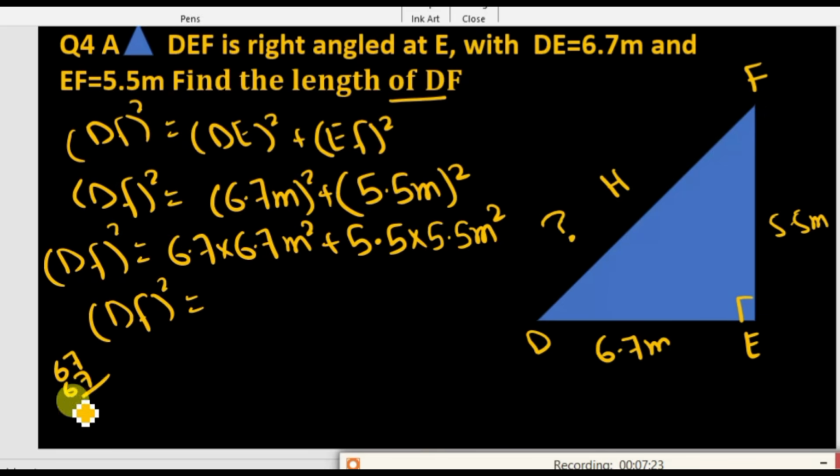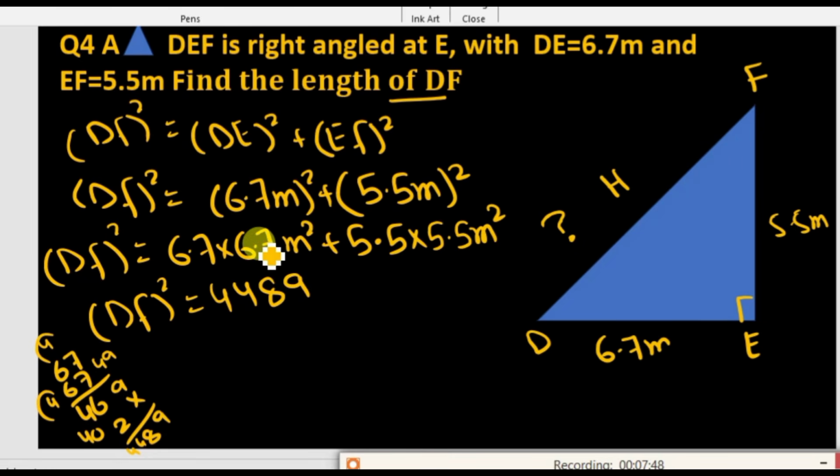The answer is 4489. Placing the decimal point, it is 44.89 meter square.